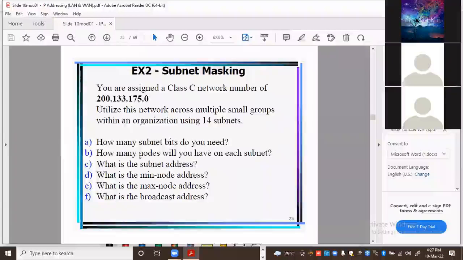The second question is, how many nodes would you have on each subnet now?